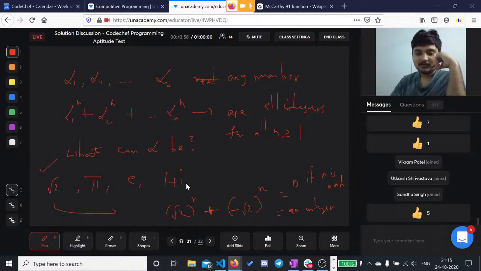And then similarly for 1 plus i, you can have 1 plus i power n plus 1 minus i power n, and this is always an integer. You can check it out.